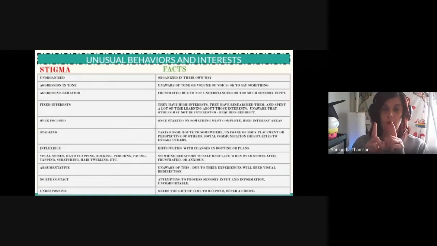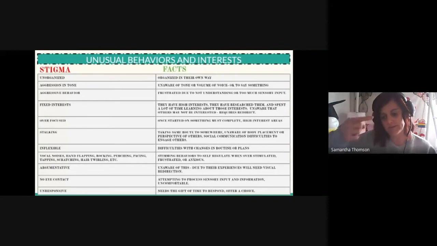Or you could also offer them a choice between two things: get up and walk away. But don't stand there constantly asking them over and over, or trying to get them to engage with you, because that is going to send that person into a complete meltdown, which could be very ugly.